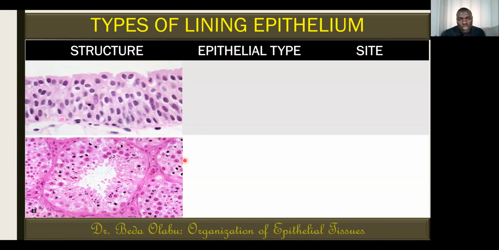All right, two more types of epithelium to go. I want to look at the one above. Now look at this type of epithelium, the one on top, and ask yourself, is it simple, is it stratified, or is it pseudostratified?